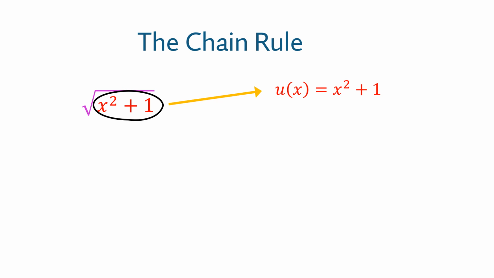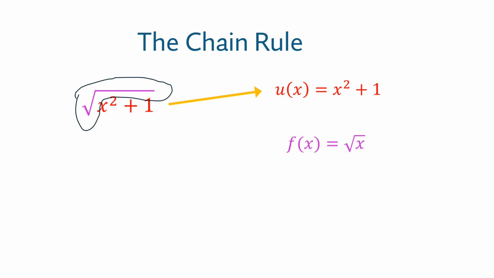So we're going to go back to the chain rule. For the chain rule, you usually have some function that's a part of another function. Here we have what we usually call u, that's x squared plus 1, and that u is inside this other function, which is the square root.